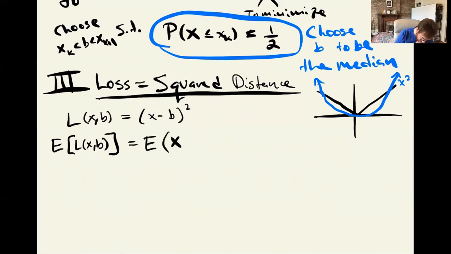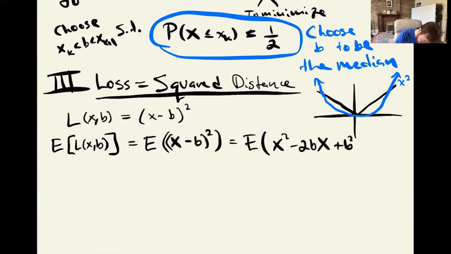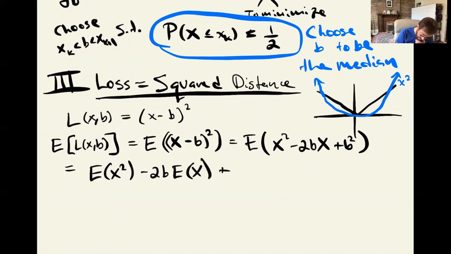This is the same thing as the expectation of x minus b squared, which is the same thing as the expectation of x squared minus 2bx plus b squared, which if I continue over here is the expectation of x squared minus 2 times b, the expectation of x, plus the expectation of b squared, but that just ends up being little b squared.